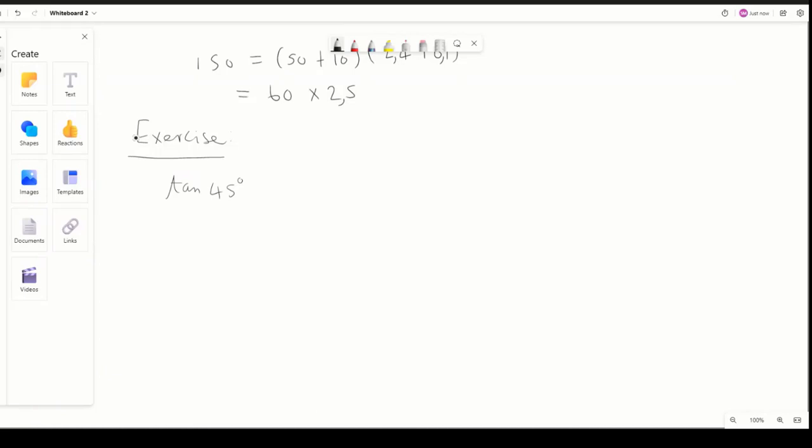Then csc, in brackets 180 plus angle theta, close the bracket, cot. Angle theta? Yes, theta. And then times cot, minus angle theta in brackets, minus theta. Close the brackets, plus cos 90 plus theta.